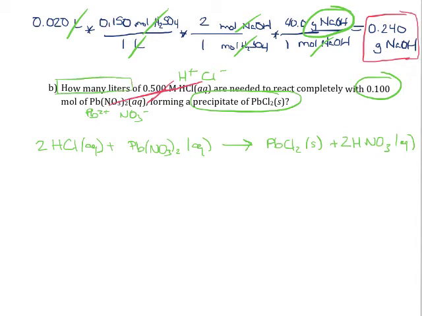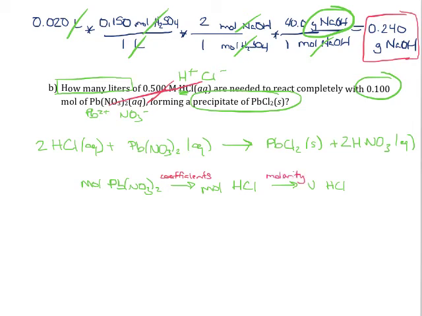So if I have moles of PbNO3 but I really care about HCl, I know I can use the balanced reaction to figure out how many moles of HCl I have, and then I need to get to a volume of HCl. So in order to do the mole to mole, I'm going to use coefficients in the balanced reaction. In order to get from moles to volume, I can use my molarity.